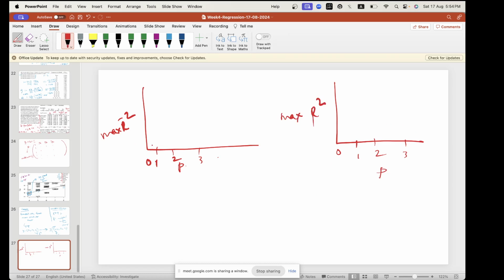So if I have the entire model as x1, x2, x3, x4, then p would go up to 5.